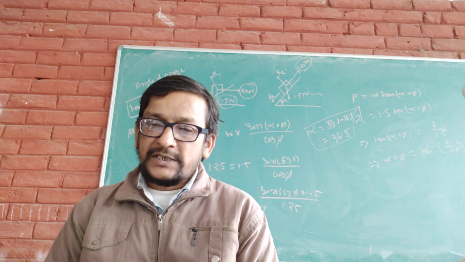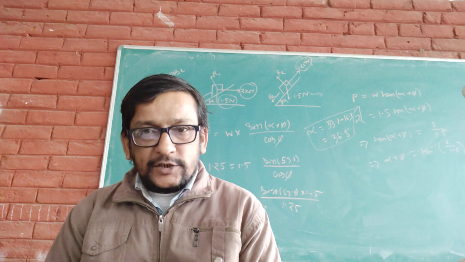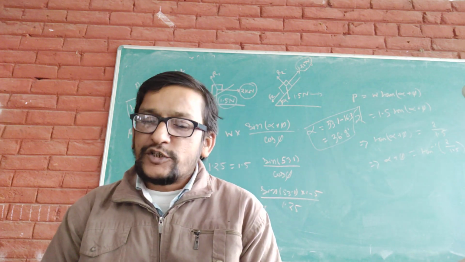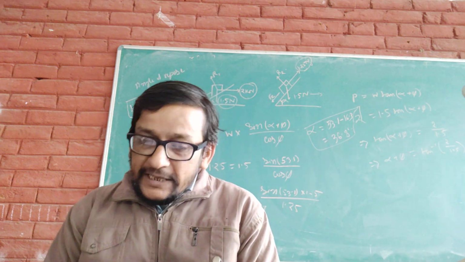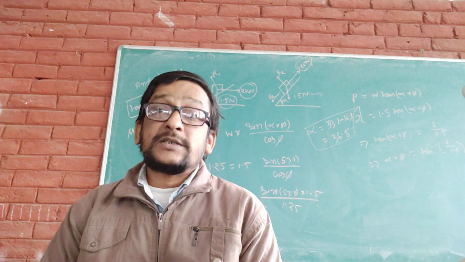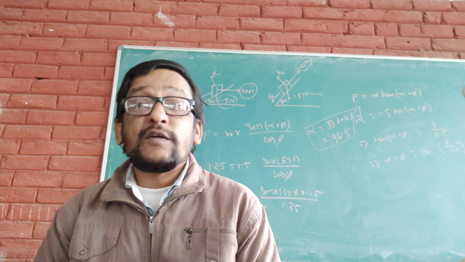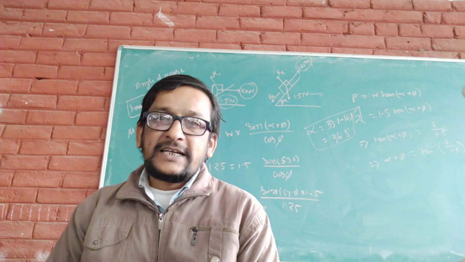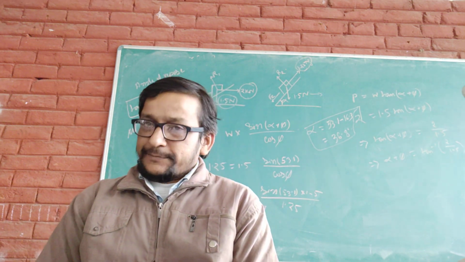If we get 8 to 30 meters, then it is a minor span bridge. And the major thing, any bridge which is less than 8 meter is known as a culvert. We know the culvert.